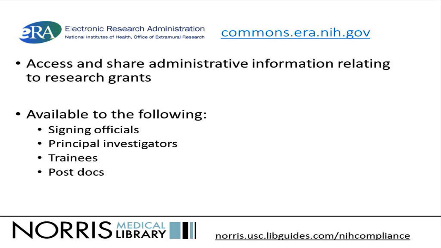Only signing officials, people with legal signing authority for an organization, can register their institutions for access to ERA Commons. Once they've registered the institution, they can authorize PIs to be registered for an account. If you'd like more information about registering for an ERA Commons account, please contact your department's administrative office.